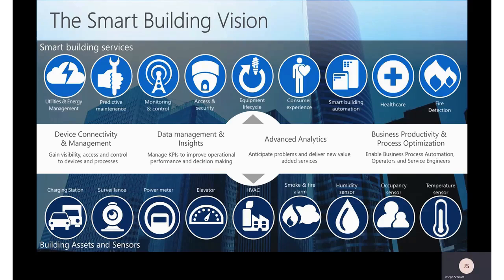Here's what we see as the vision of a smart building. It's a complicated slide, but to break it down into two major components, the building assets and sensors. Every one of those systems towards the bottom of this page are currently, for the most part, disparate systems.